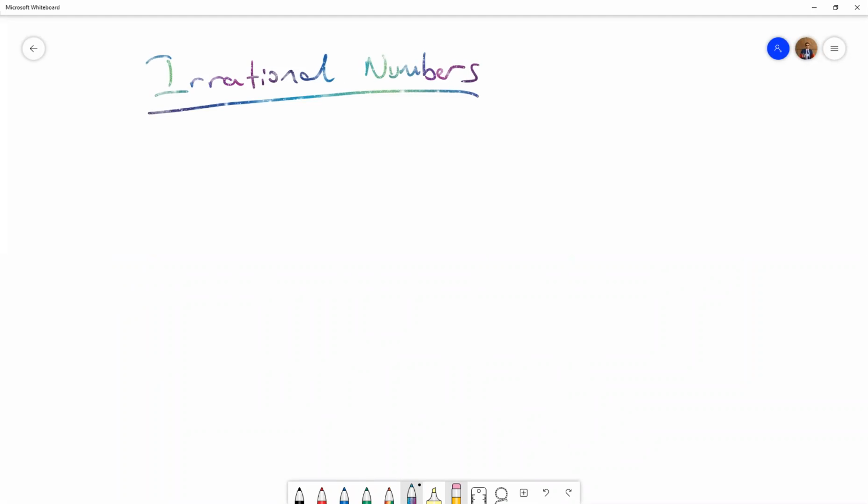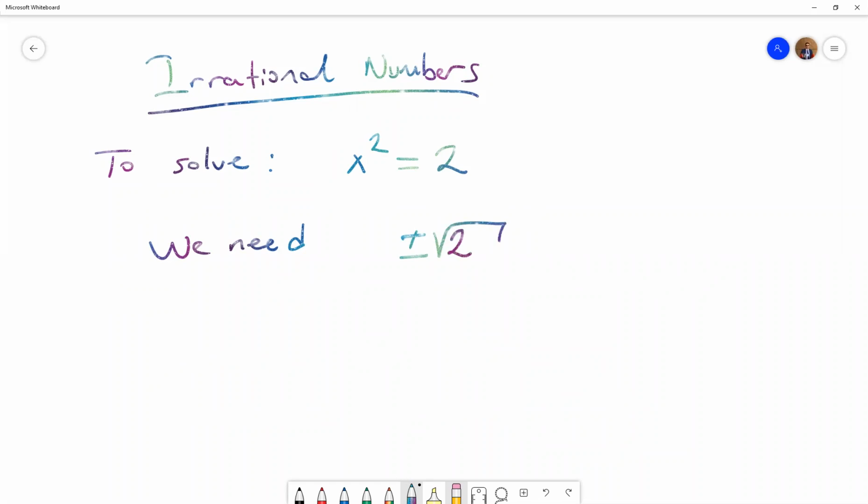Again, as we found integers, we try to give an equation and then find the irrationals. To solve the equation x squared is equal to 2, let's find x here. We need plus or minus square root of 2.